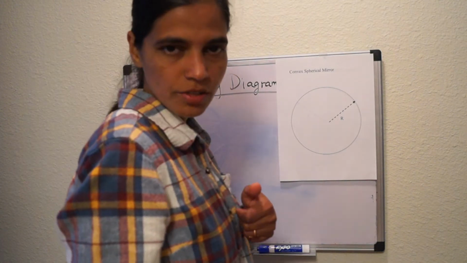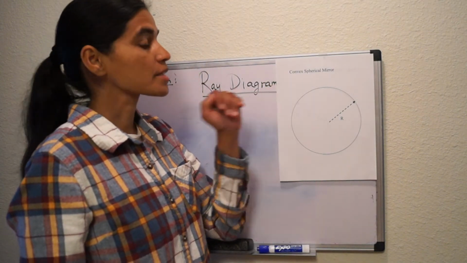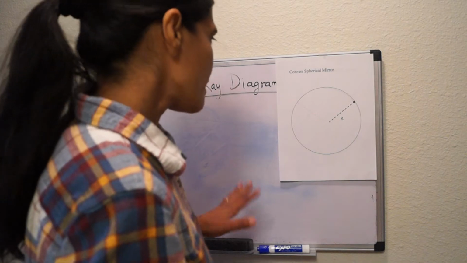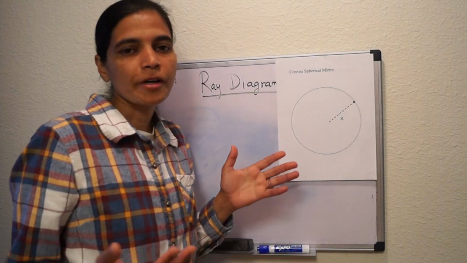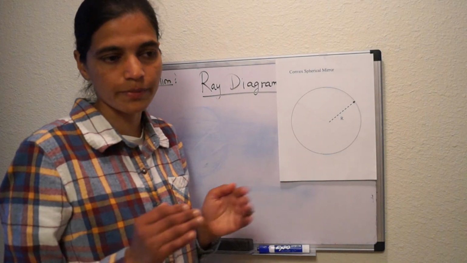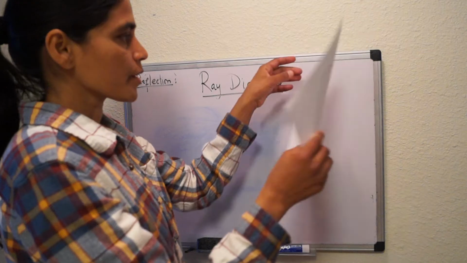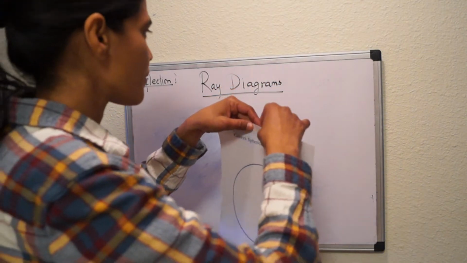The first one we looked at is the concave spherical mirror. This is a convex spherical mirror, okay? Again, this mirror is also formed by taking a portion of a sphere. So now, how do we make it?